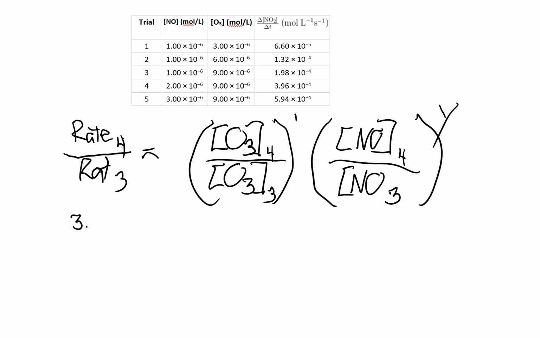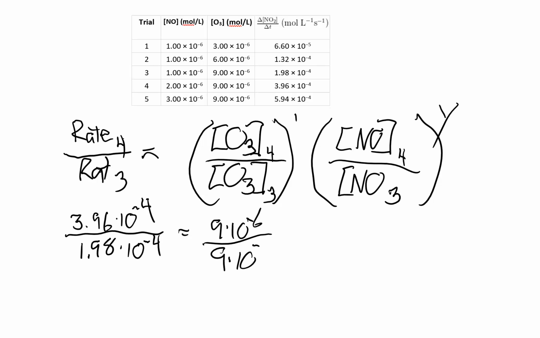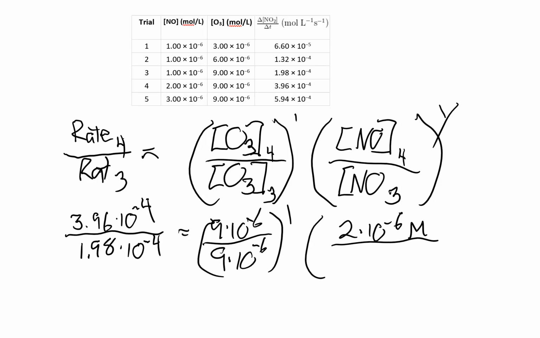So we've got 3.96 times 10 to the minus 4th over 1.98 times 10 to the minus 4th equals ozone, which is 9 times 10 to the minus 6 in both experiments, raised to the first power, times experiment 4, 2 times 10 to the minus 6 molar over 1 times 10 to the minus 6 molar raised to some exponent y.